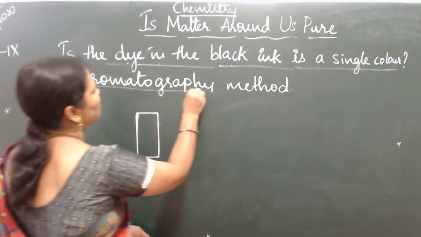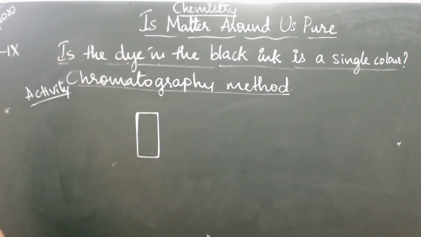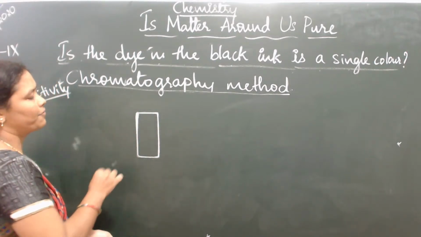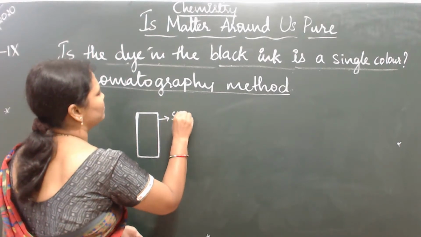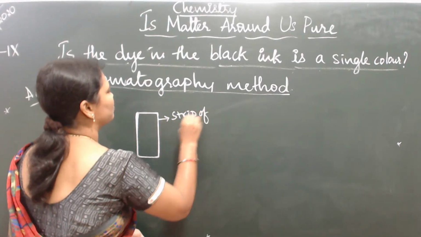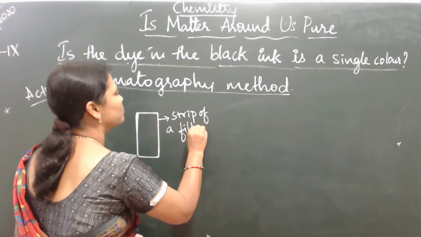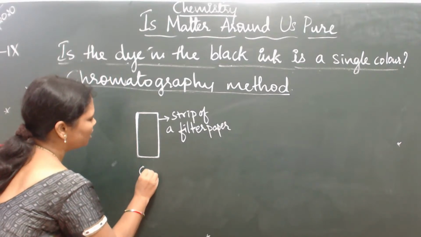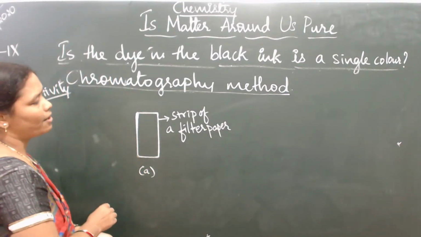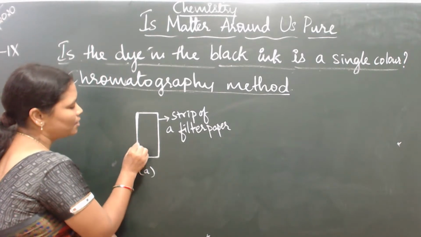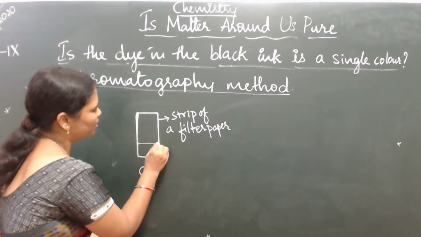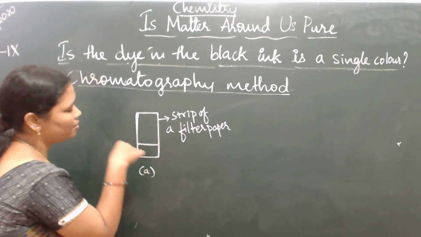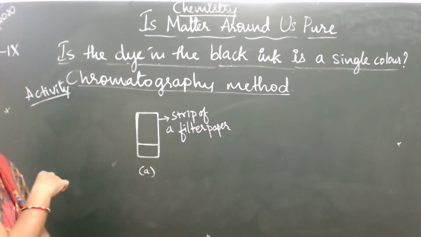This method also we are learning with the help of an activity. We need a strip of filter paper. Next, we have to draw a line about 3 centimeters from the lower edge of the filter paper using a pencil.